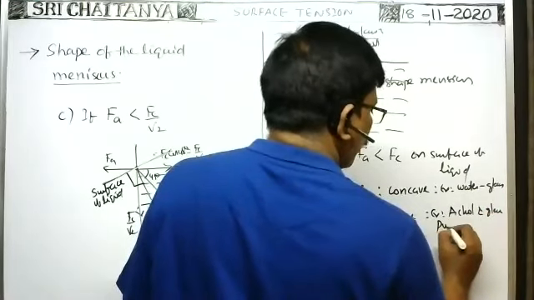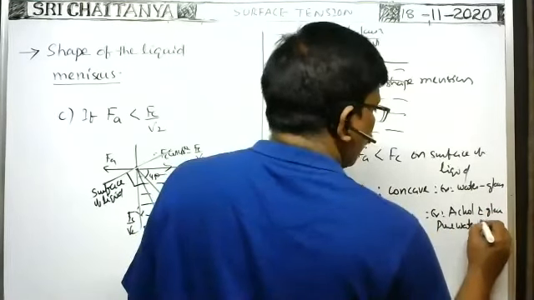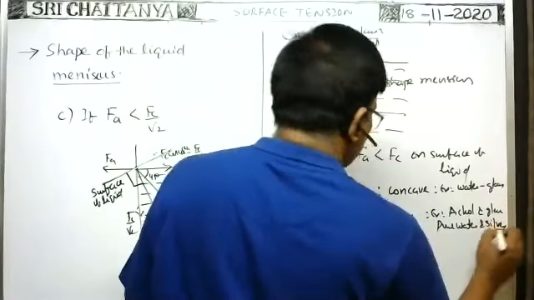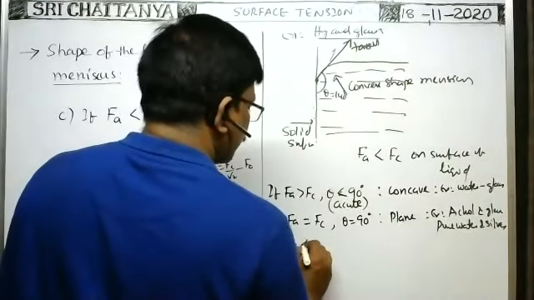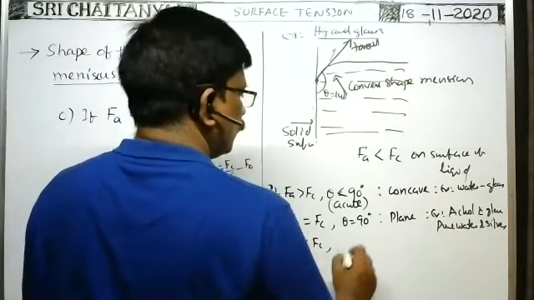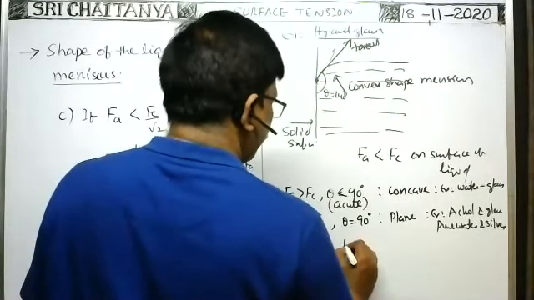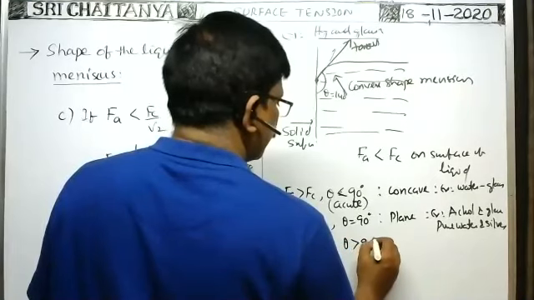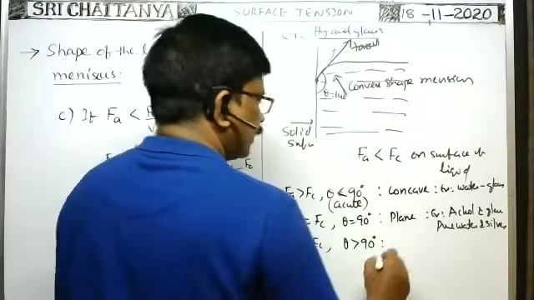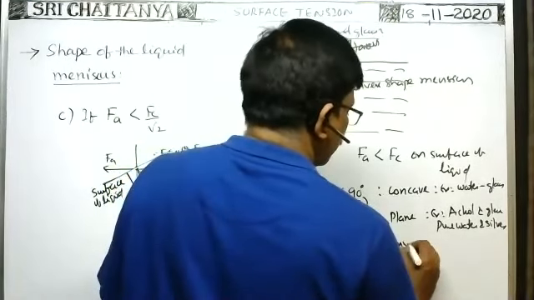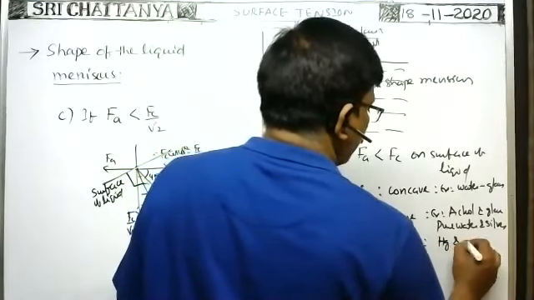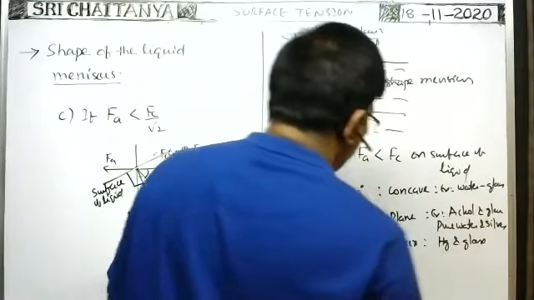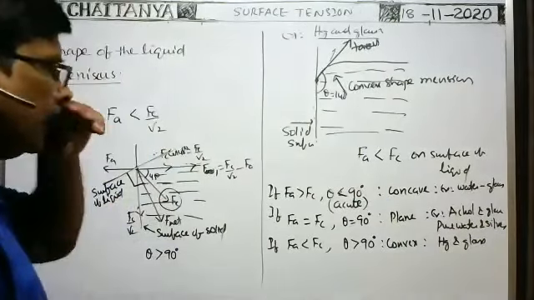If Fa less than Fc, then theta greater than 90, the surface is convex, the meniscus shape is convex. Example, mercury and glass.